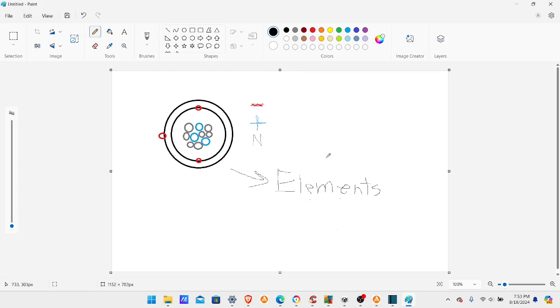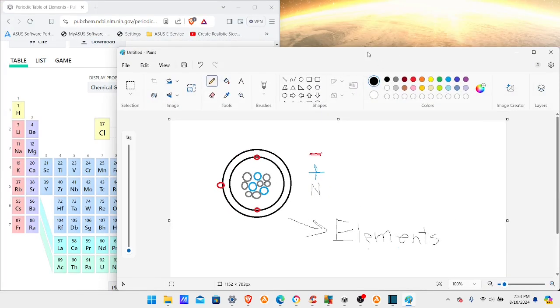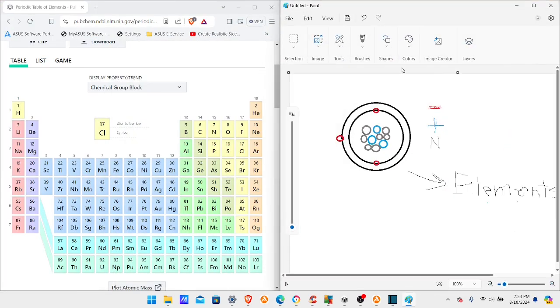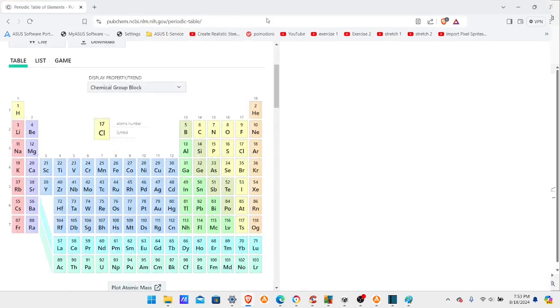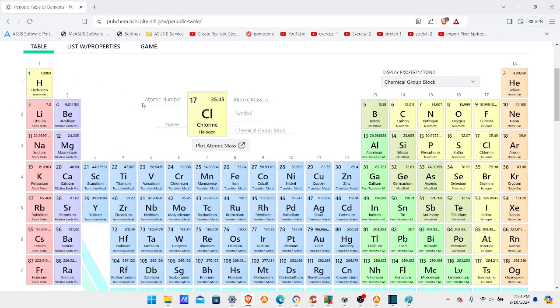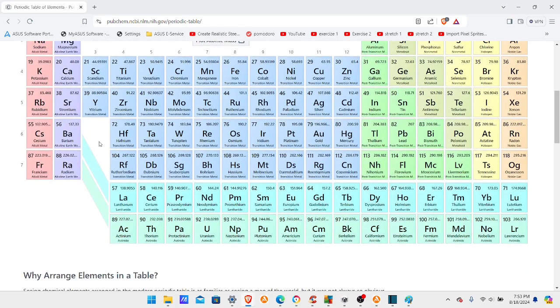And elements, we can see more elements on the periodic table, and we can see different examples of elements. So all of these are elements, and this is the periodic table.